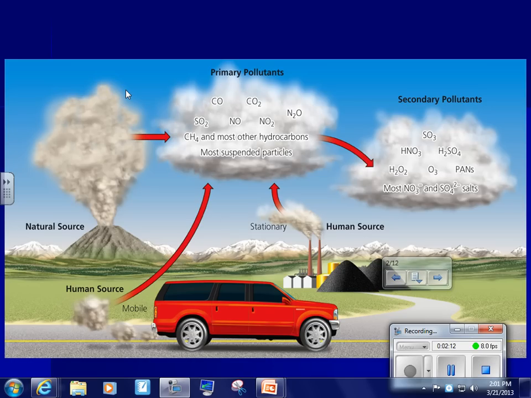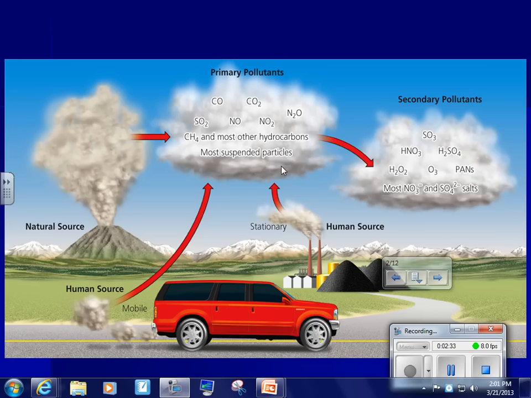However, oftentimes these primary pollutants do mingle with each other, and not only with each other, but the other natural constituents of the atmosphere itself. And when they mingle, they can form new pollutants, and these new pollutants are referred to as secondary pollutants.